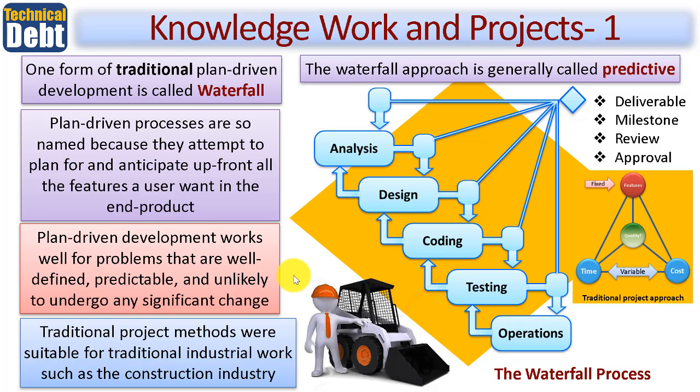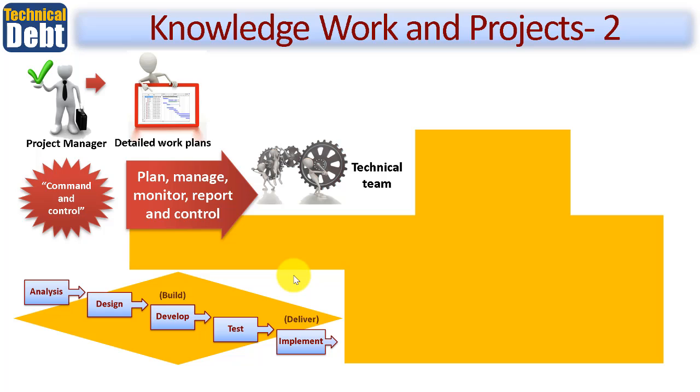And you would be absolutely right if you're guessing that technical debt is just as prevalent in traditional plan-driven development approaches. So I've used the word here knowledge work. And frankly, knowledge work is where normally you would want to use something other than a predictive approach, which is why Agile comes into the picture. But for now, let's stick to the previous slide.